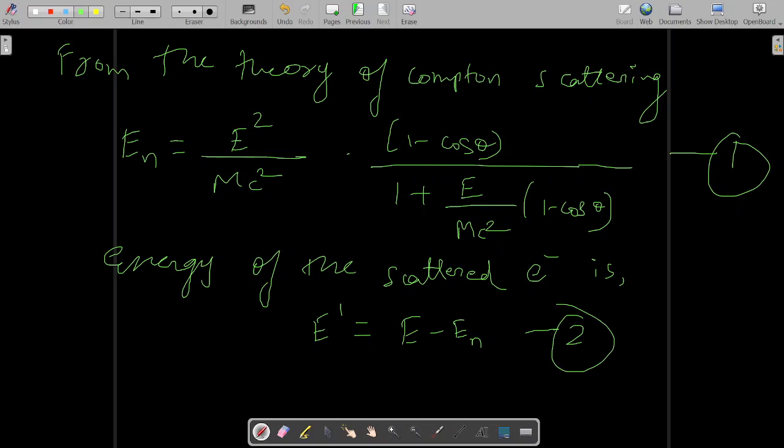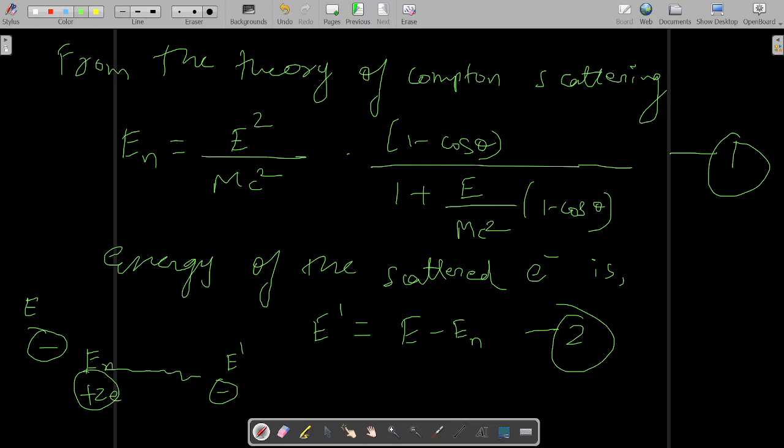Now why is this the energy of the scattered electron? You know this very well that when the electron approaches the nucleus, initially it will have some energy. Let's suppose that energy is E. After the electron is scattered, suppose its energy is E dash, and suppose the energy imparted to this nucleus is En.